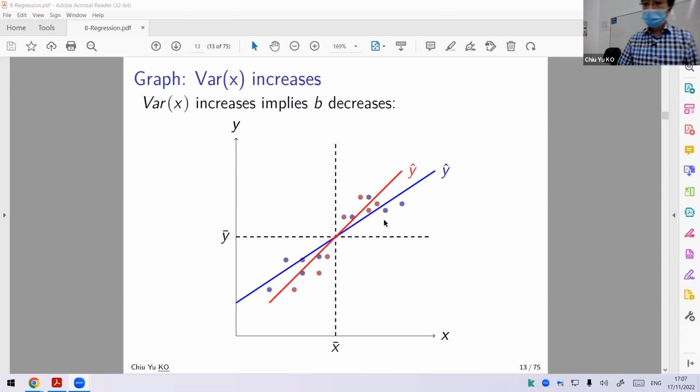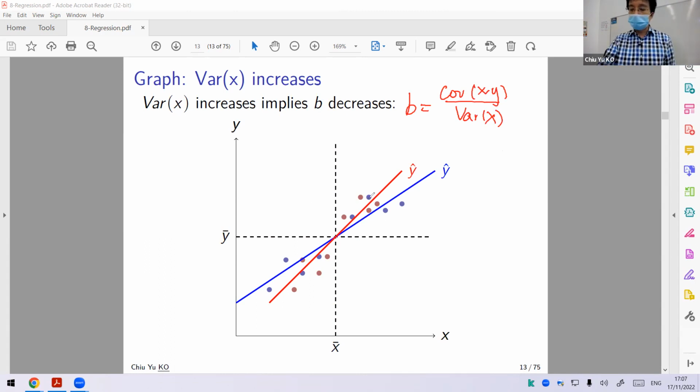Because remember, B is given by covariance xy over variance of x, right? So we should expect when variance of x goes up, B would go down, okay?